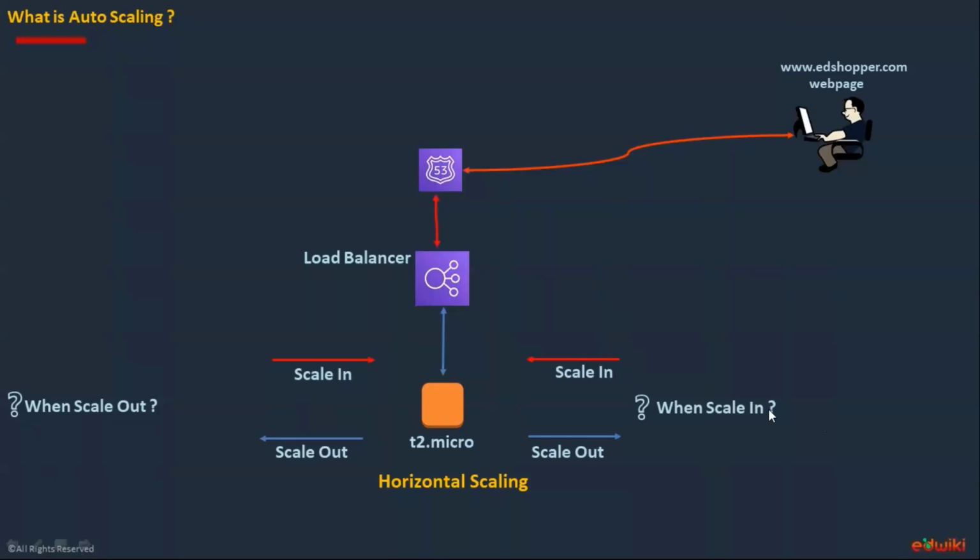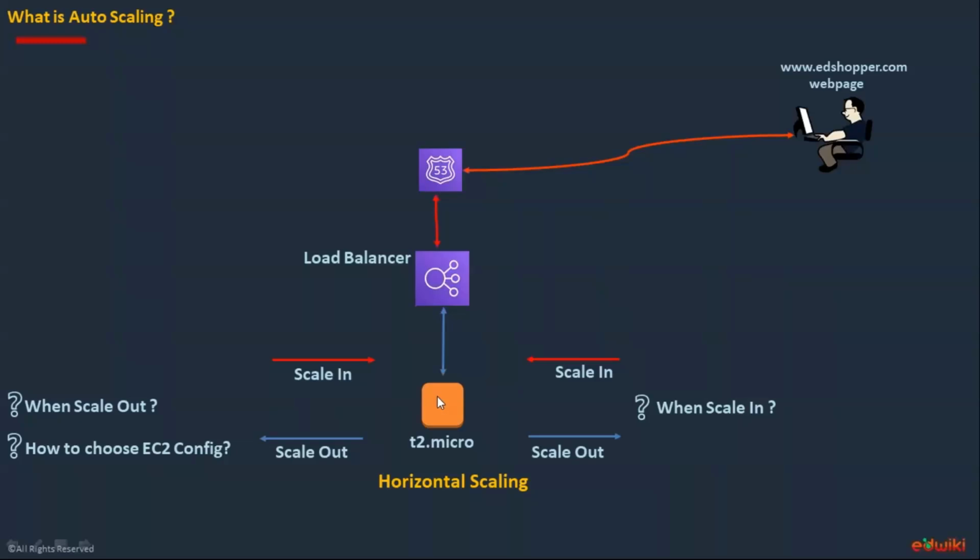Again, it takes the help of the CloudWatch metric. So it will look for the CloudWatch metric, and it will take a decision when it has to do the scale in, right? And how does it know which EC2 server configuration has to be used to deploy the server? Got me what I'm trying to say?